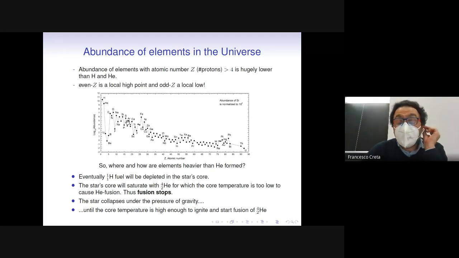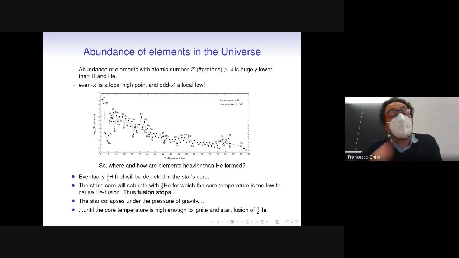It's very strange how even atomic numbers are far more abundant than odd atomic numbers. That's quite strange as well. We'll try to explain that, but it's quite complicated to explain.